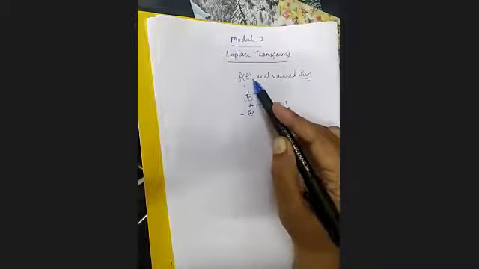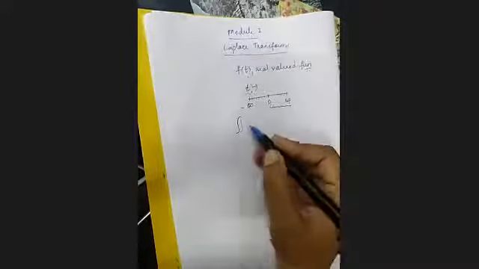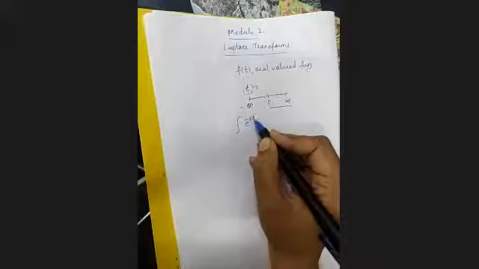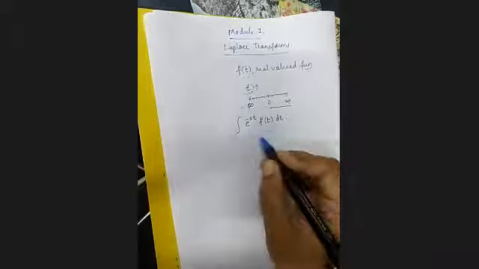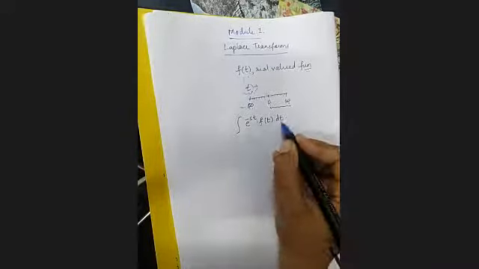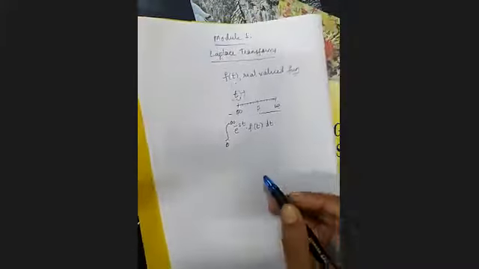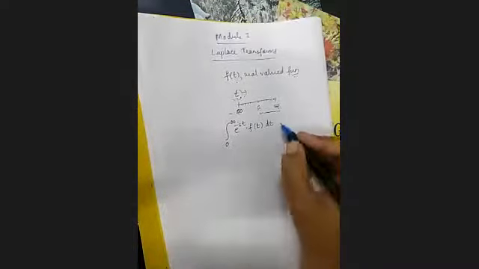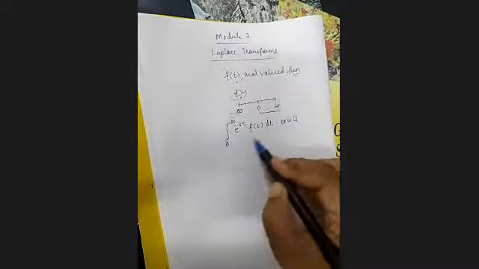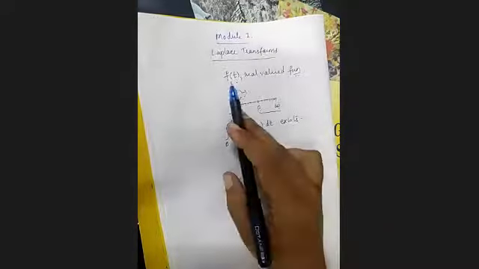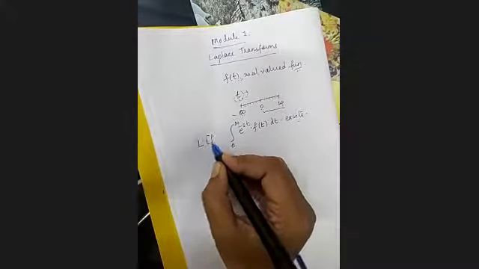Now, for this function f of t, I'll take one integral, which is the integration of e raised to minus st times f of t dt, with respect to t, where t is varying from 0 to infinity. If this integral exists, then this is called the Laplace transform of the function f of t, and it is denoted as L of f of t.